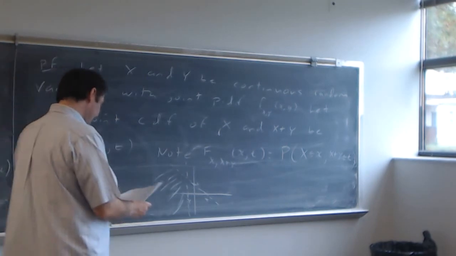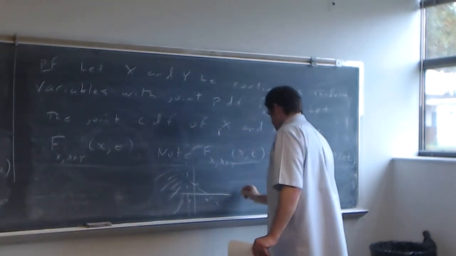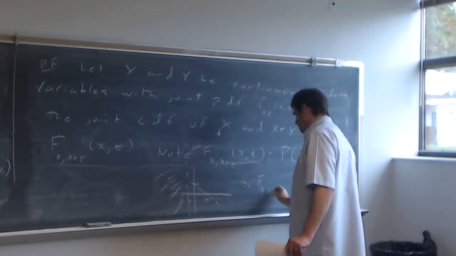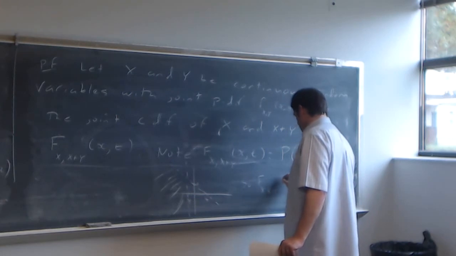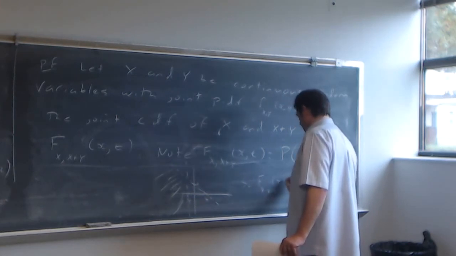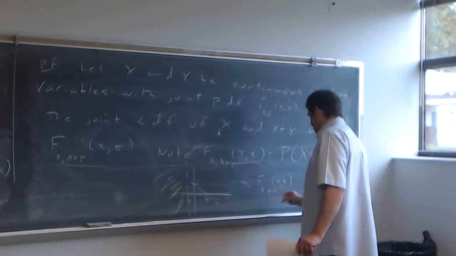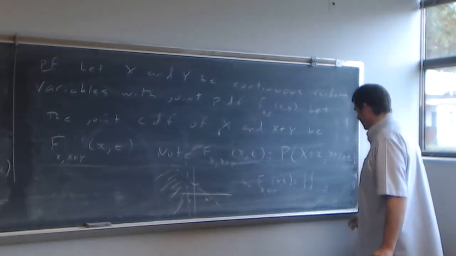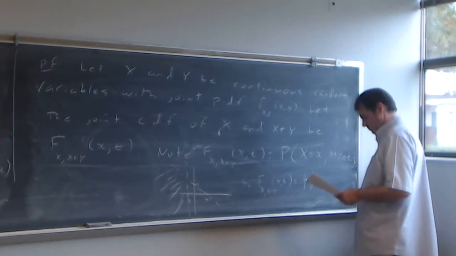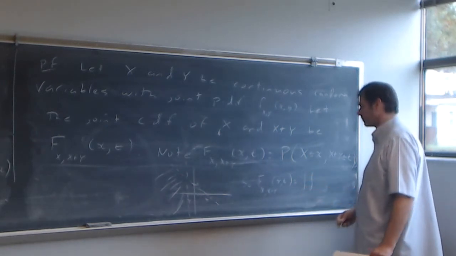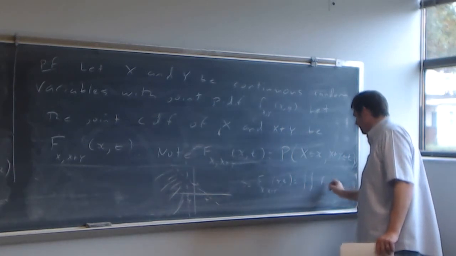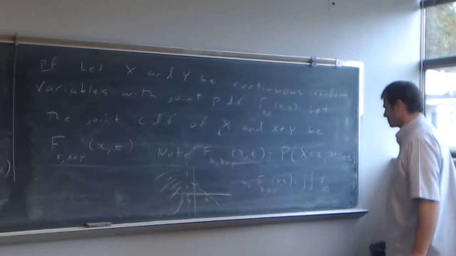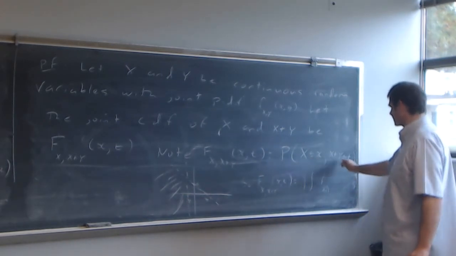So this CDF, if I describe it as a double integral using just the joint PDF between X and Y, is the probability that these two things are happening.